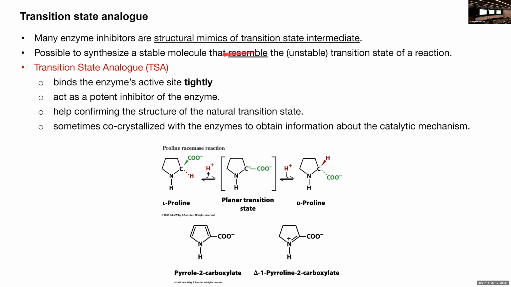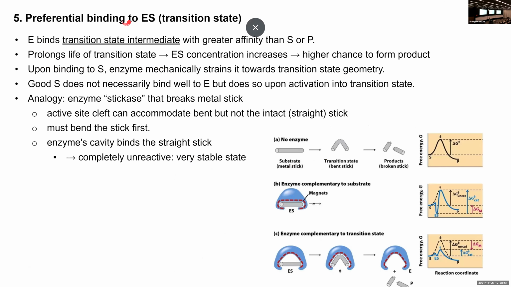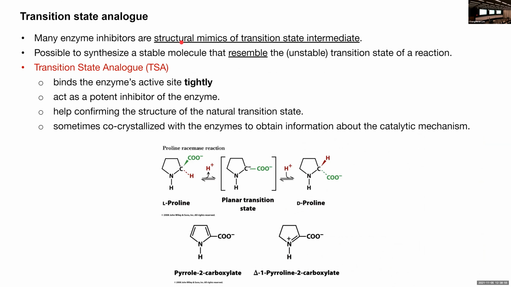So again, it just resembles the transition state of the reaction. And transition state analogs, or TSAs, have the property of binding tightly to the enzyme's active site because they resemble the transition state, which all enzymes use through this preferential binding in transition state catalysis.